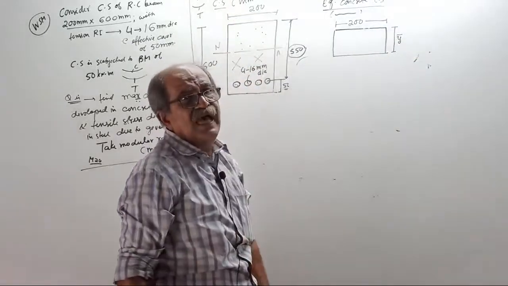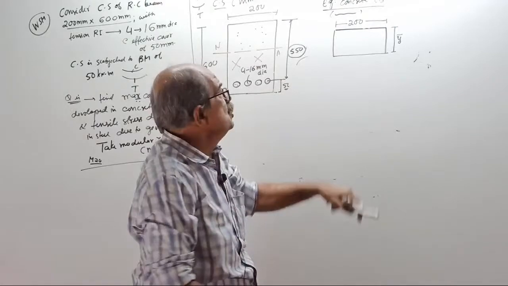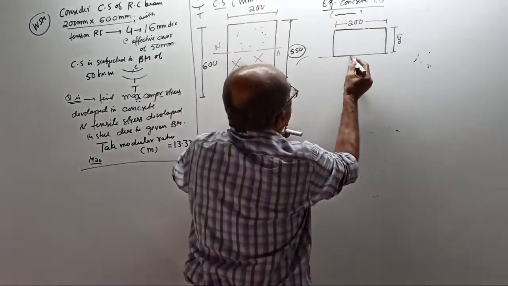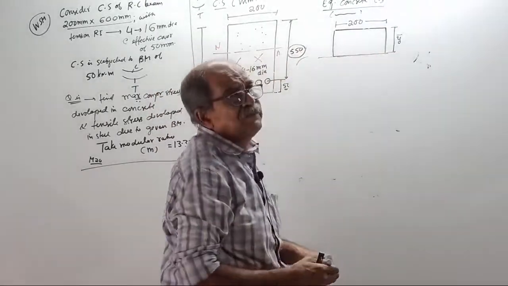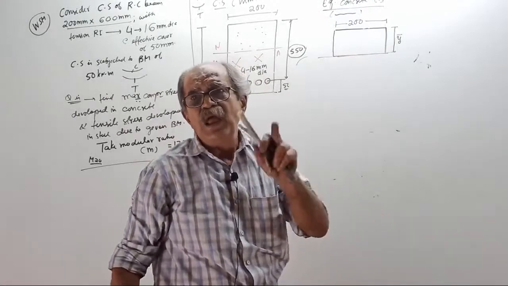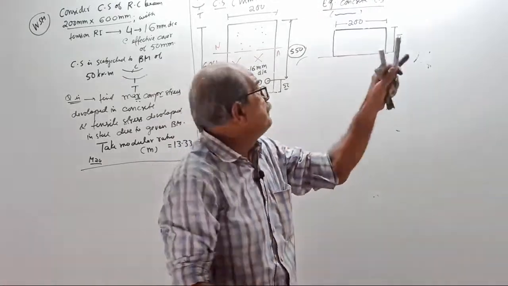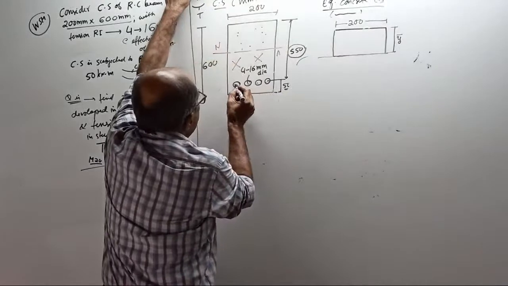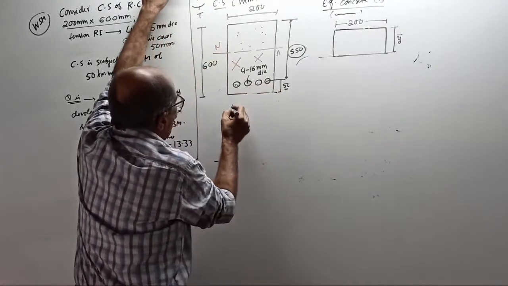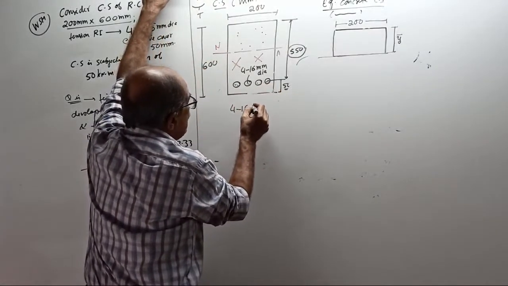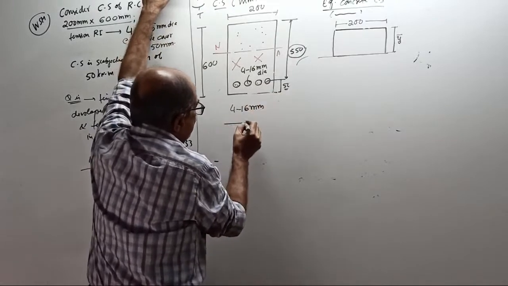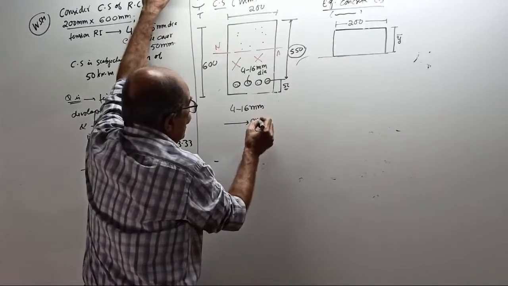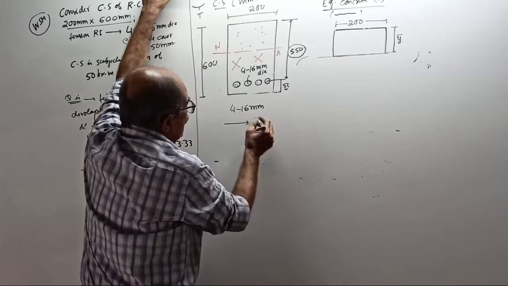This is the neutral axis. Usually you take y bar from bottom, but today I will take y bar from top. Then here, these 4 bars of 16 mm diameter, what is the area of steel?